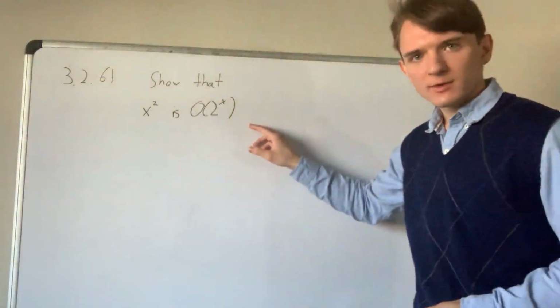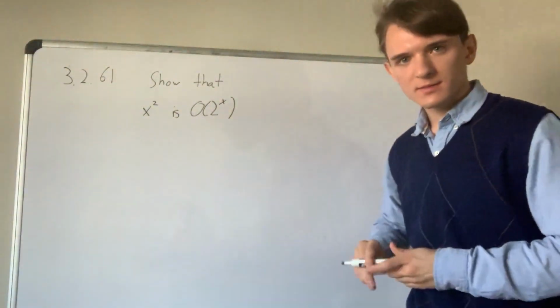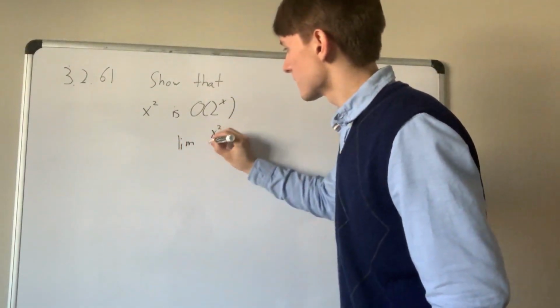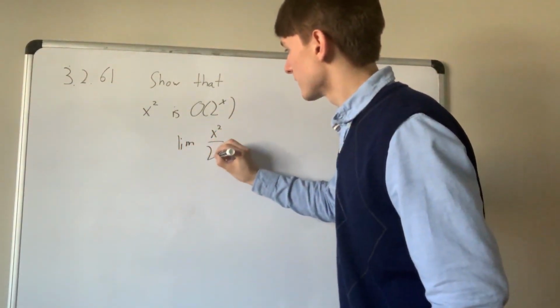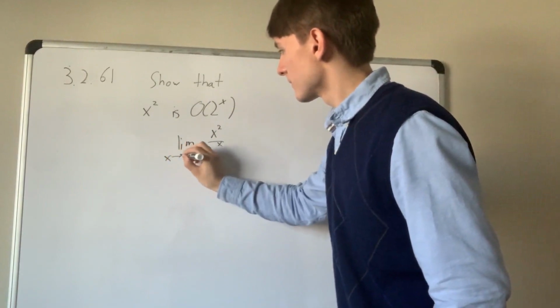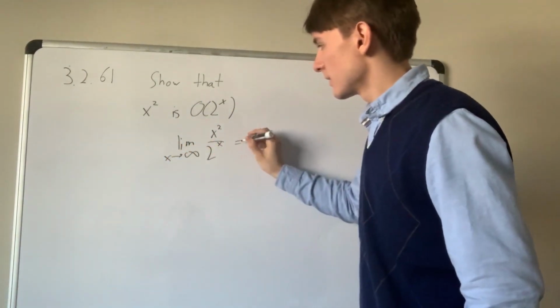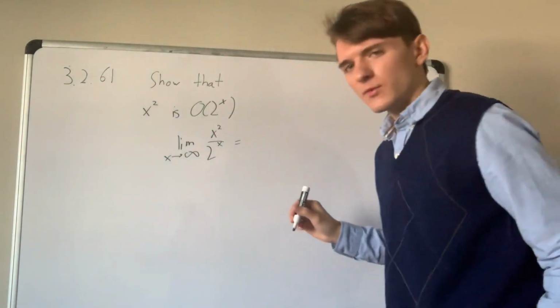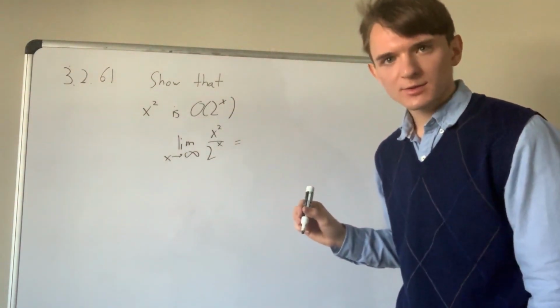Show that x squared is big O of 2 to the power of x. We begin with our limit. All right. So from here, we have no choice but to use L'Hopital's rule.